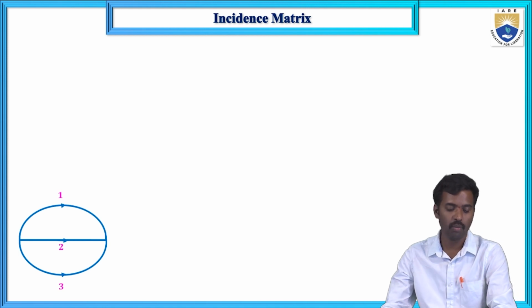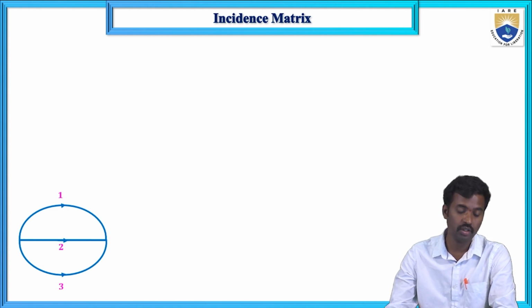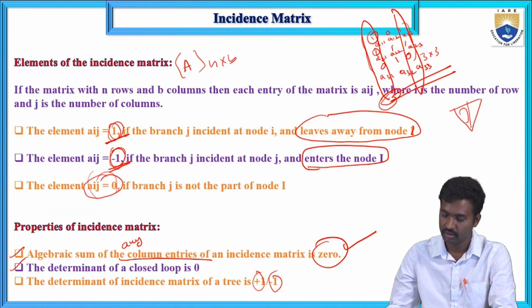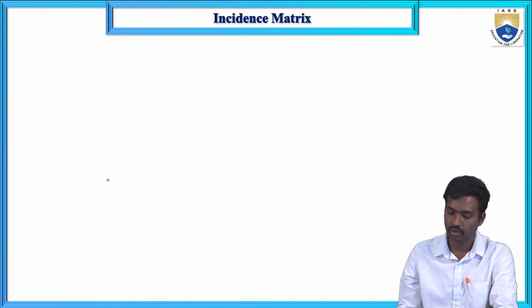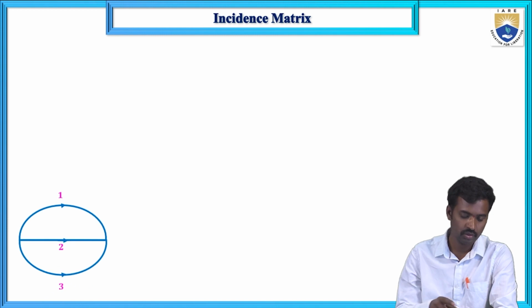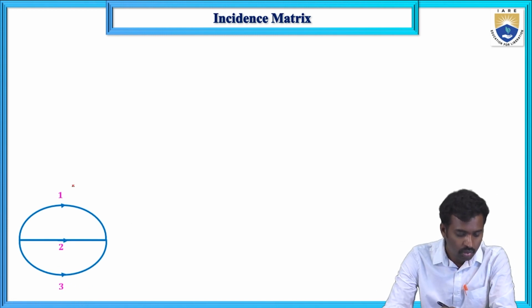Now the problems. For a given network graph, determine the incident matrix. In the previous slide, these are the three elements you need to fill. This is the network graph.